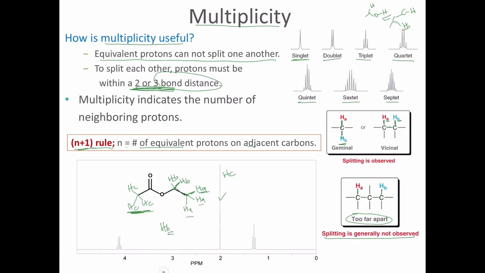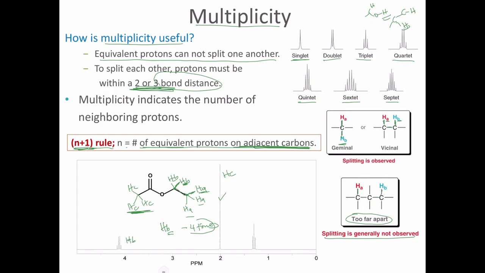We count the 3 protons that are adjacent to the carbon that is attached to the proton we are looking at, HB. It's going to be split 4 times. We use the N+1 rule where N is the equivalent protons on the adjacent carbons. Okay? So it's going to be split 4 times. So we just need to look at it and see which one is split 4 times. So this is going to be the HB.